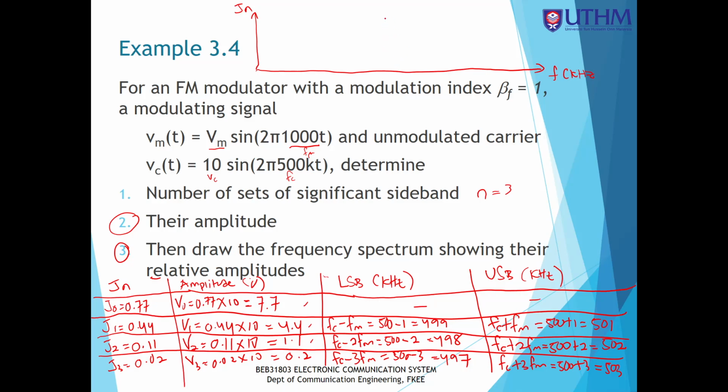So we can draw the spectrum. For example, the center at 500 has relative amplitude 0.77. The first sideband, upper and lower, is located at 501 and 499, and the relative amplitude is 0.44.